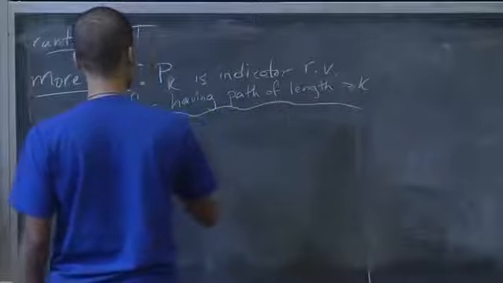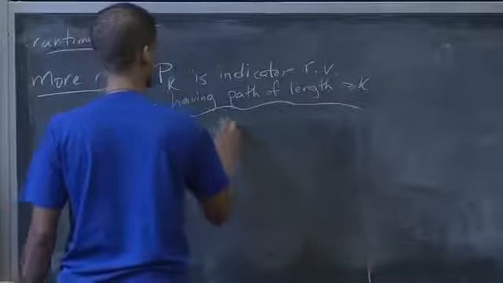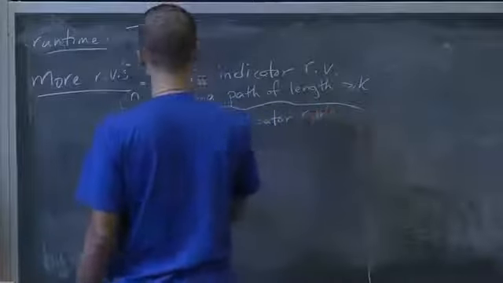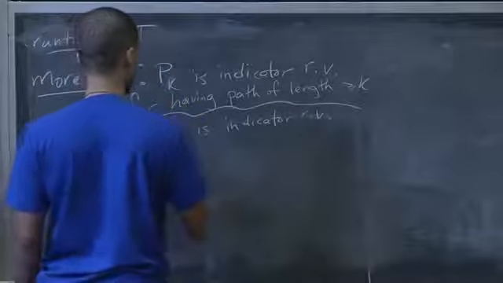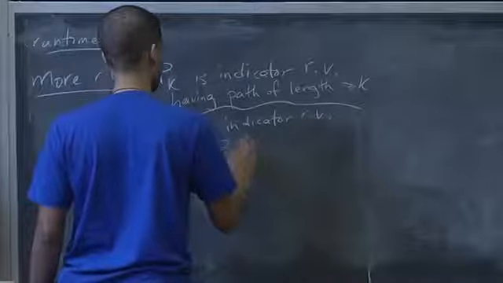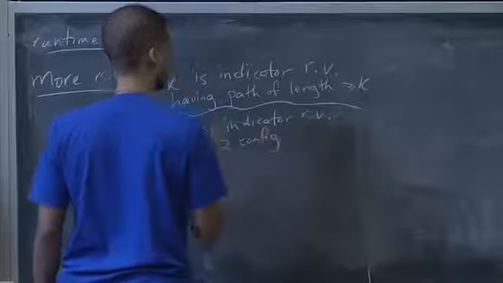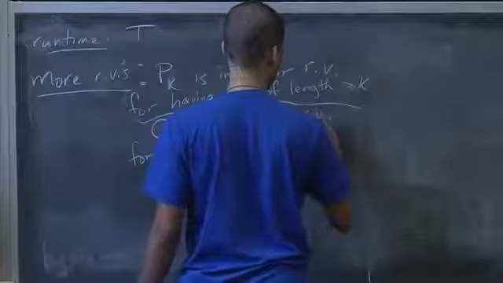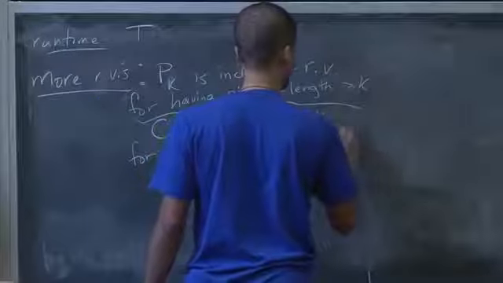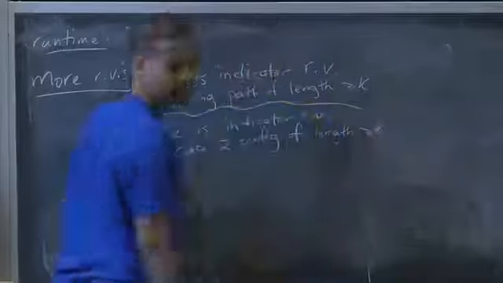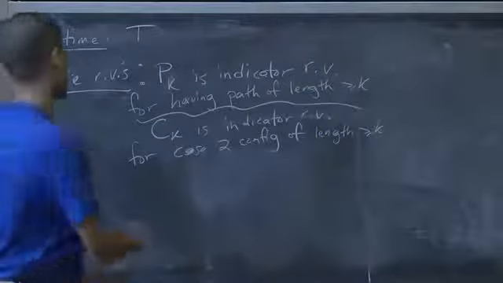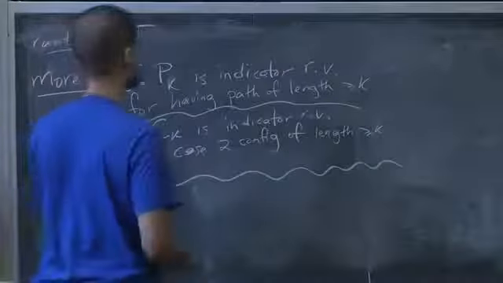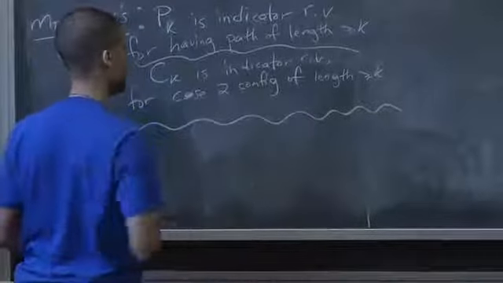We could say C_k is an indicator RV for a case 2 configuration of length at least k. And then finally we could say, let's say D stands for double cycle.